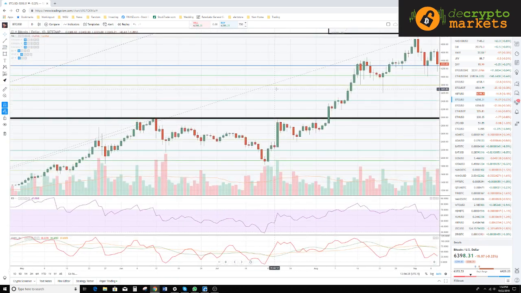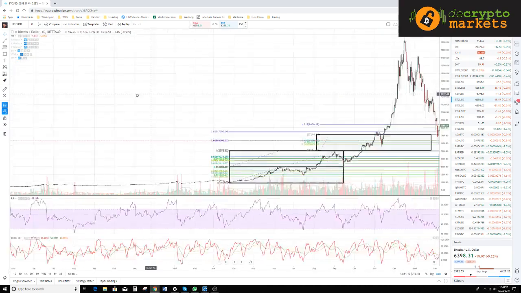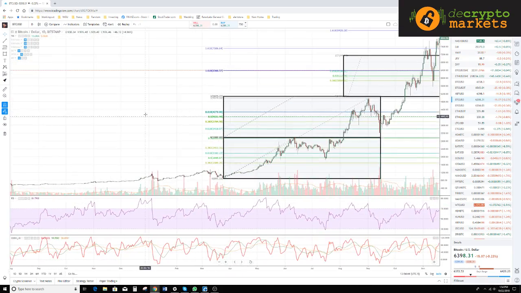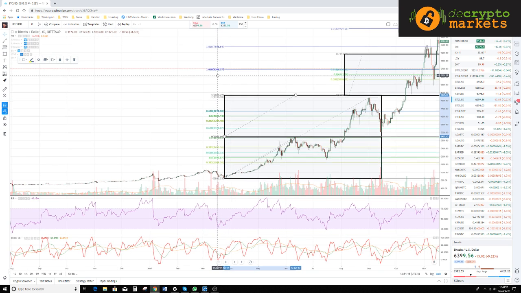And we can see that the actual original extension, I mean, it's really not a surprise if you practice a lot of Fibonacci stuff, but the original 1618 expansion here is also the 618 of this move.